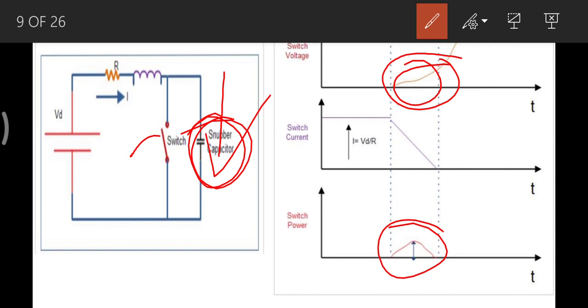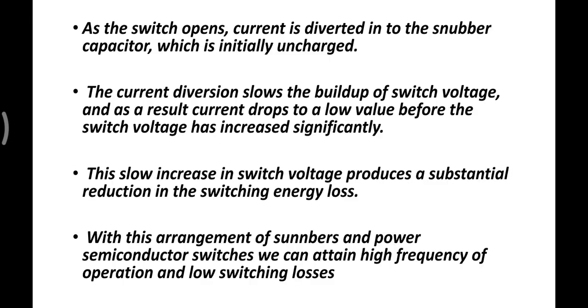So after that, the current slowly builds up the switching voltage. As a result, current drops to a low value before the switching voltage has increased significantly. This slow increase in switching voltage produces a sustainable reduction in the switching energy loss.